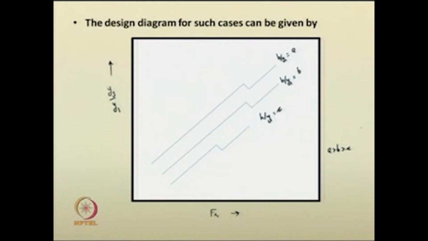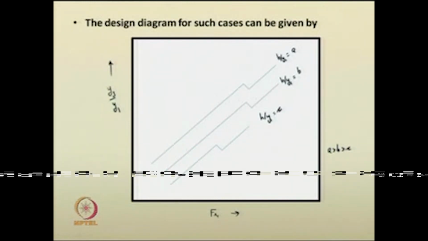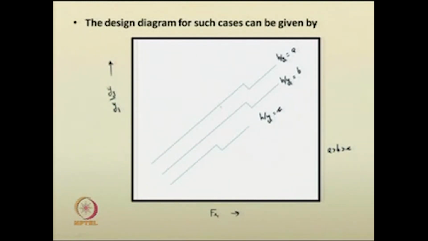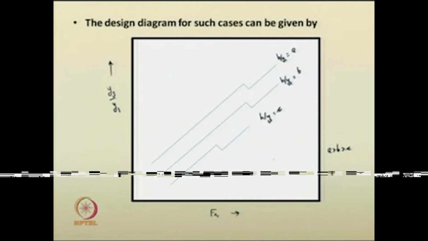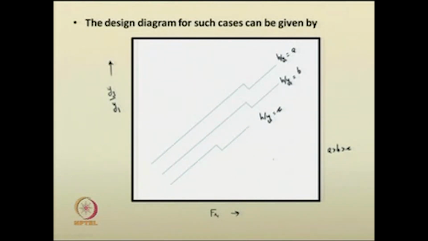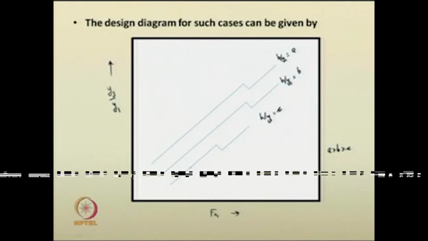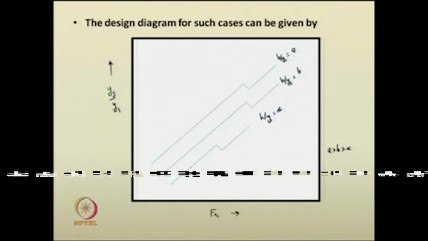If you have such standard curves, these can be employed for the design of the sills, so that the jump occurs in that particular location. For the given Froude number, if h by y1 is some value c, you can see the corresponding y3 by y1 ratio, so the y3 depth is like this. Like this you can easily use it for design purposes.